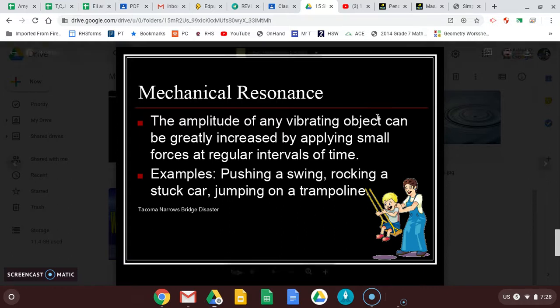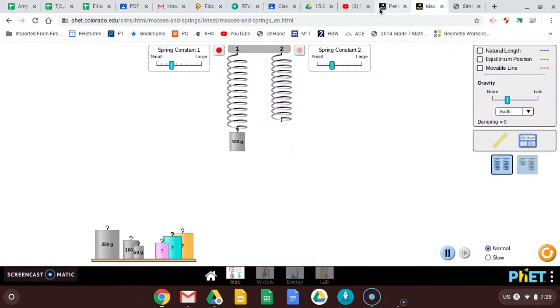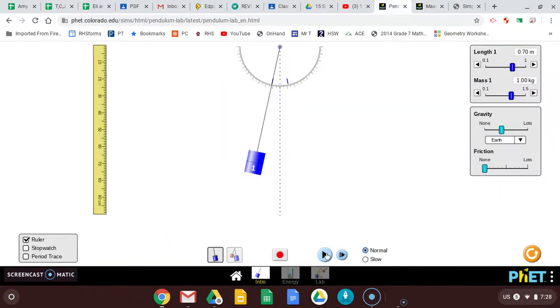Now, a child on a swing is really similar to just a simple pendulum, something like this, right? And in particular, pushing a child on a swing, if you stand behind them, you don't necessarily have to push harder and harder to make them go higher and higher.